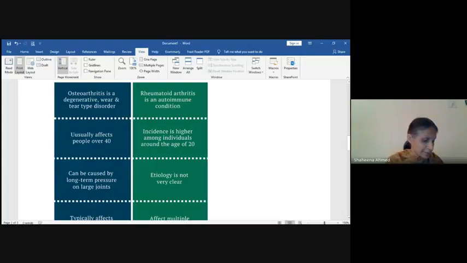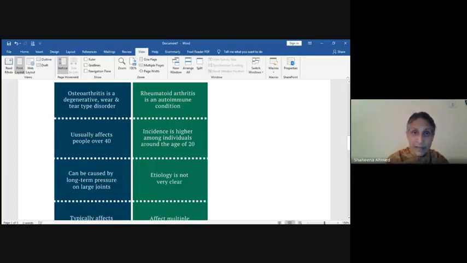Now let's go towards rheumatoid arthritis. Let's go through the different points and differences which are associated with these arthritis. Rheumatoid arthritis is an autoimmune condition, whereas osteoarthritis is a degenerative condition. That means there is wear and tear of the tissue taking place.